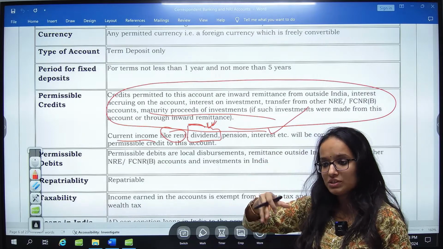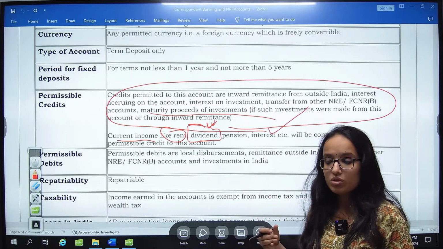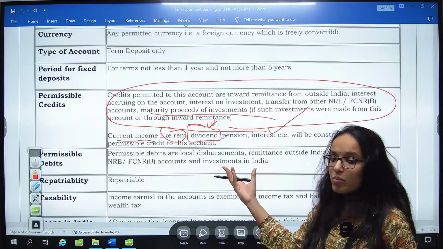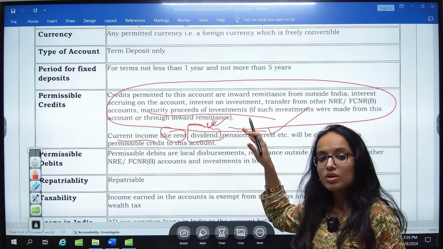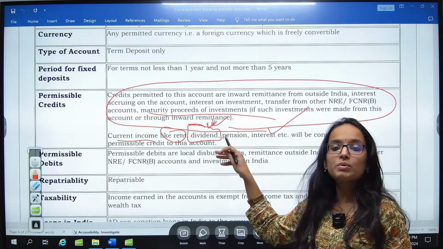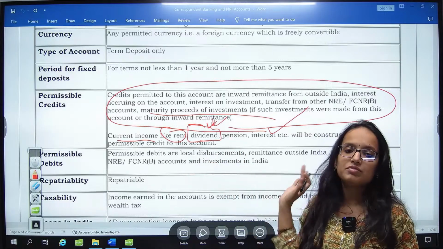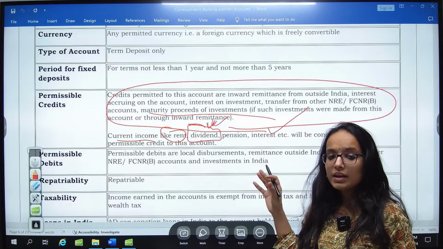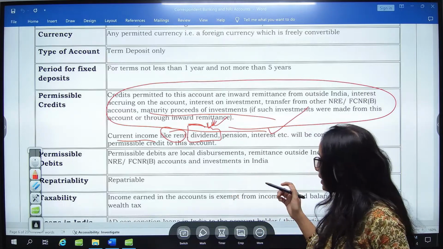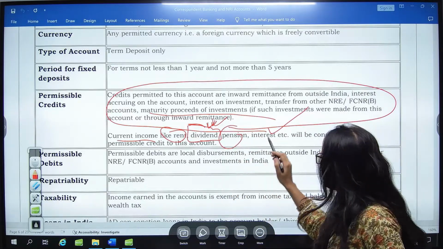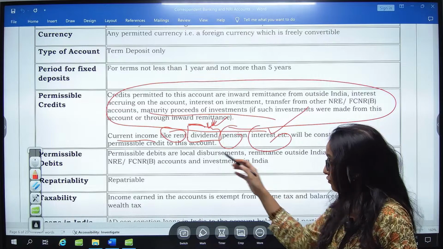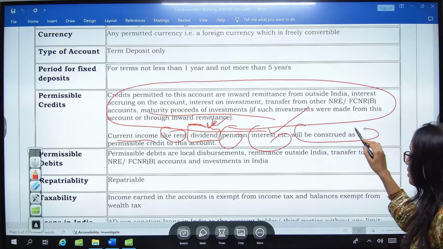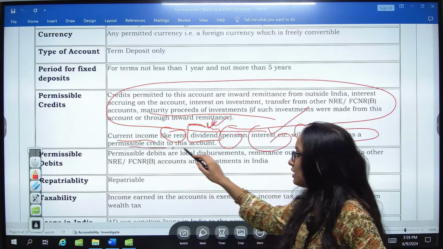Profit that has to be distributed among the stakeholders. So if you are one such stakeholder and you are receiving such a share in the form of dividend, that is also your current income. It will also be a permissible credit under FCNRB, right? Pension, if you are receiving any interest, in any case current income we are talking about, will be constituted as a permissible credit to this account.